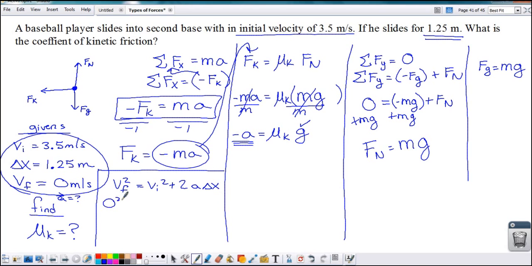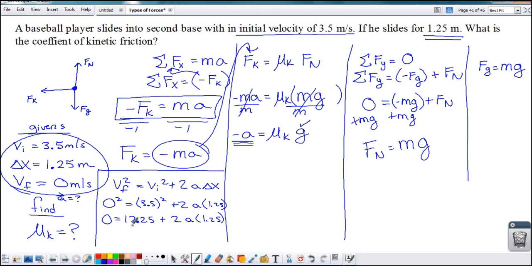The final velocity was 0, so we have 0 squared, equals the initial velocity is 3.5, so 3.5 squared, plus 2 times the acceleration times the change in displacement, which is 1.25. 0 squared is 0, 3.5 squared is 12 and 25 hundredths, plus 2 times the acceleration times 1.25.